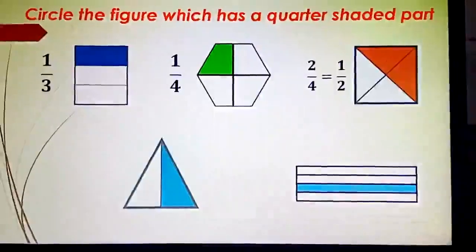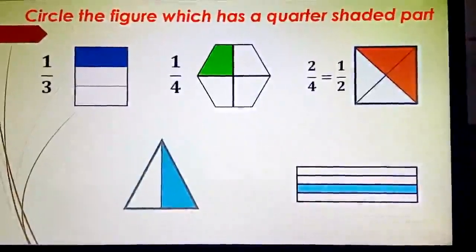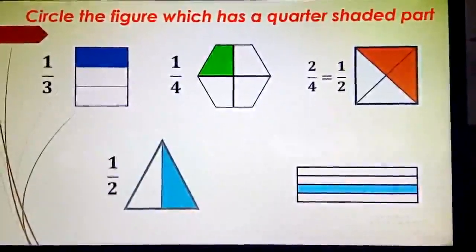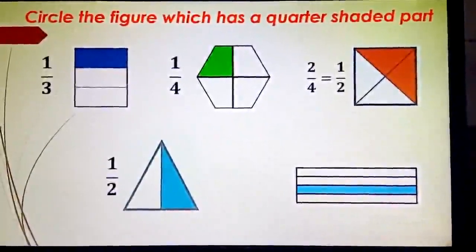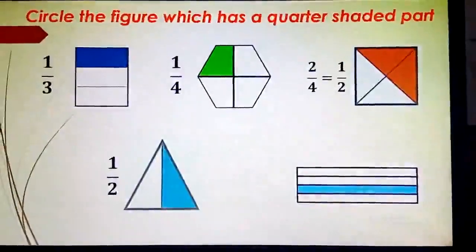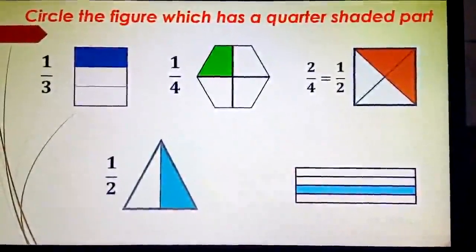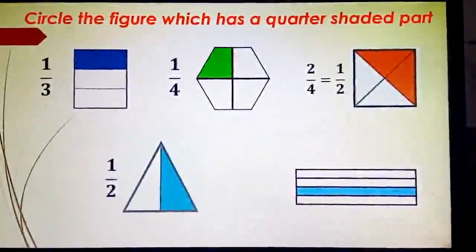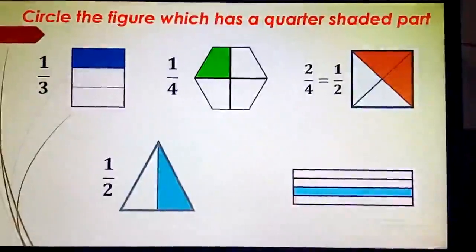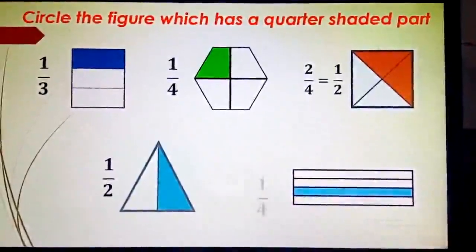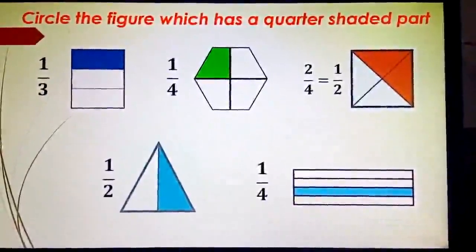Okay, the fourth shape, triangle, the fraction is half, 1/2, color 1, the total 2. Okay, and the last shape, we have 4 parts and color 1 part. So the fraction will be 1/4.